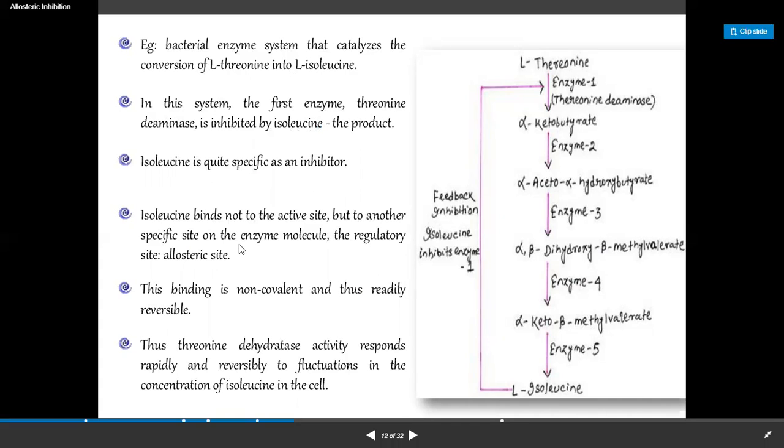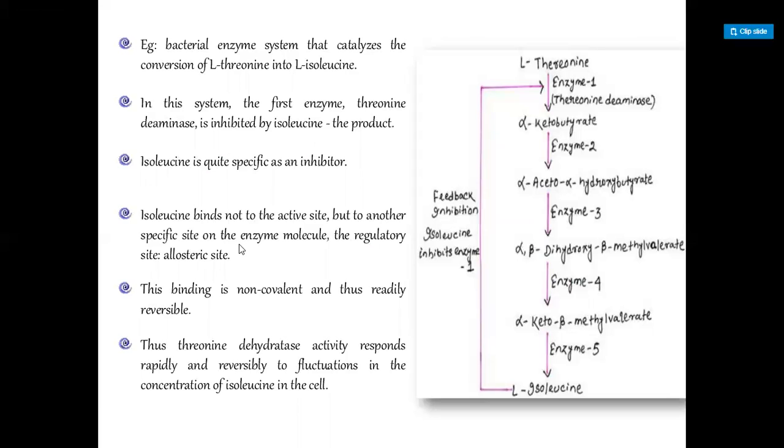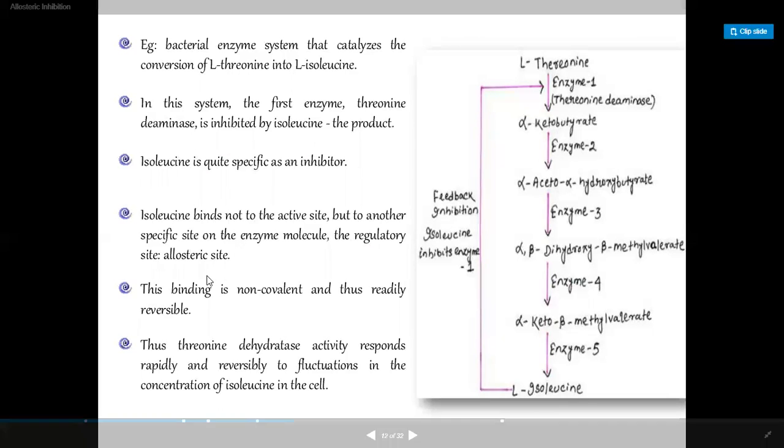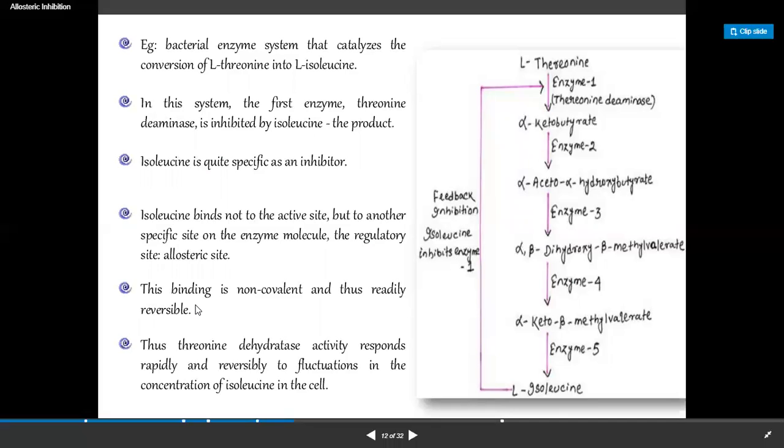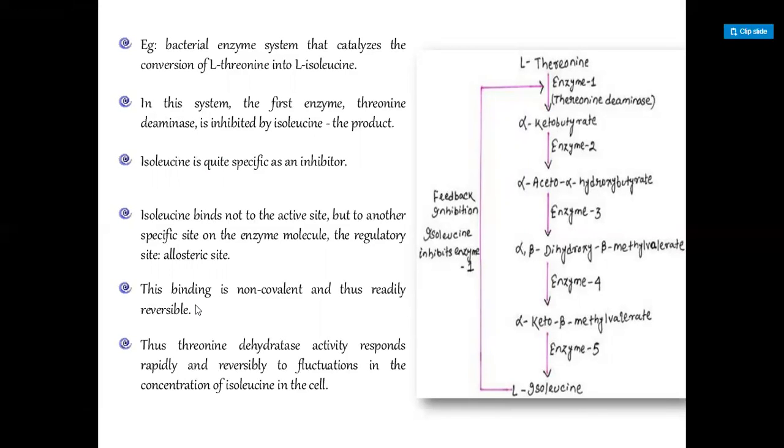Isoleucine binds not to the active site but to another specific site on the enzyme molecule, the regulatory site, that is the allosteric site. This binding is non-covalent and thus readily reversible. Thus, threonine dehydratase activity responds rapidly and reversibly to fluctuations in the concentration of isoleucine in the cell.